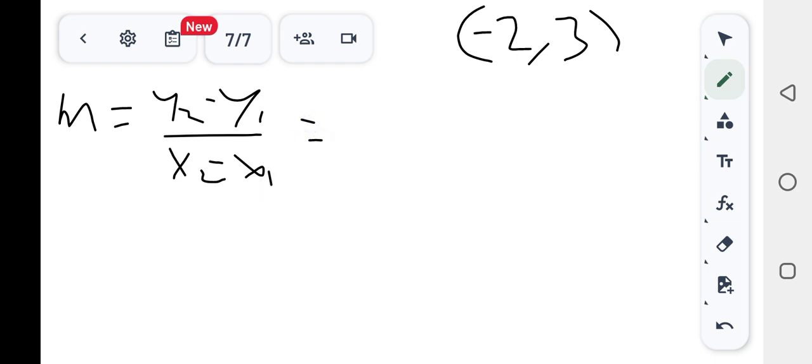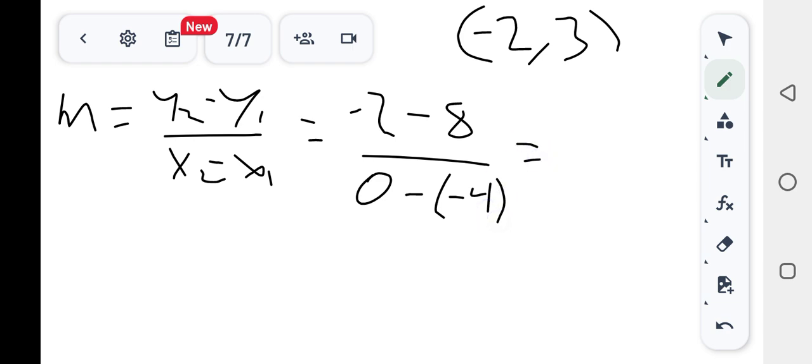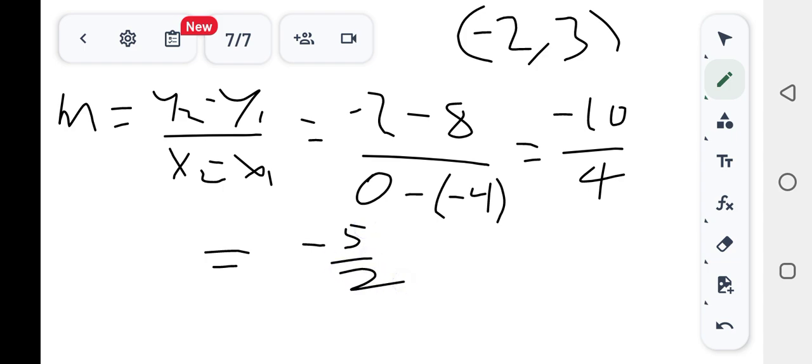Using points A and B, y2 is -2 minus y1 which is 8, divided by x2 which is 0 minus x1 which is -4. Simplifying, we have -10 divided by 4, which gives us -5/2. So the gradient of line AB is -5/2.